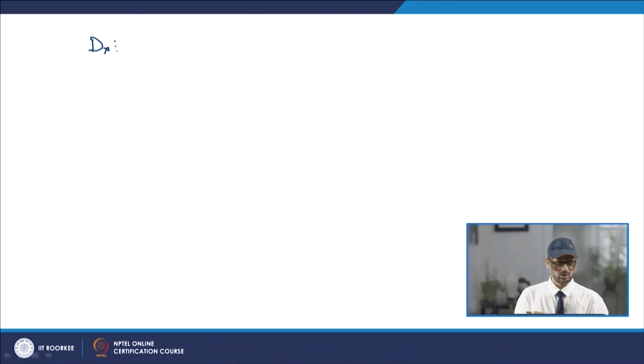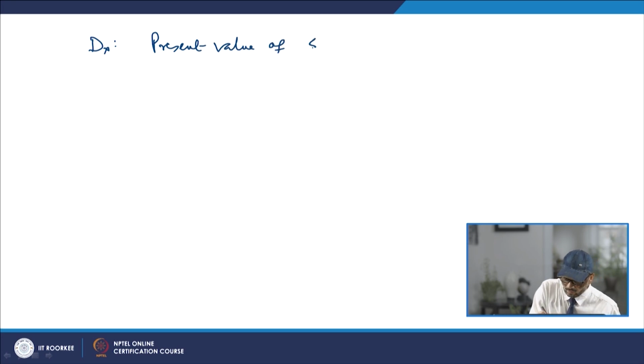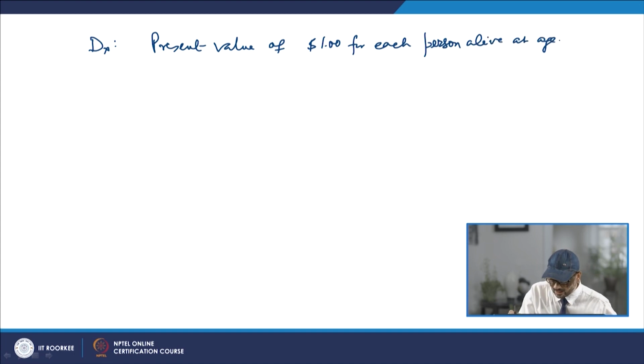These are the commutation terms, and we must know how they are computed. The first term is Dx. This Dx is basically the present value of $1 for each person alive at age x. So, for each person alive at age x, what will be the present value?